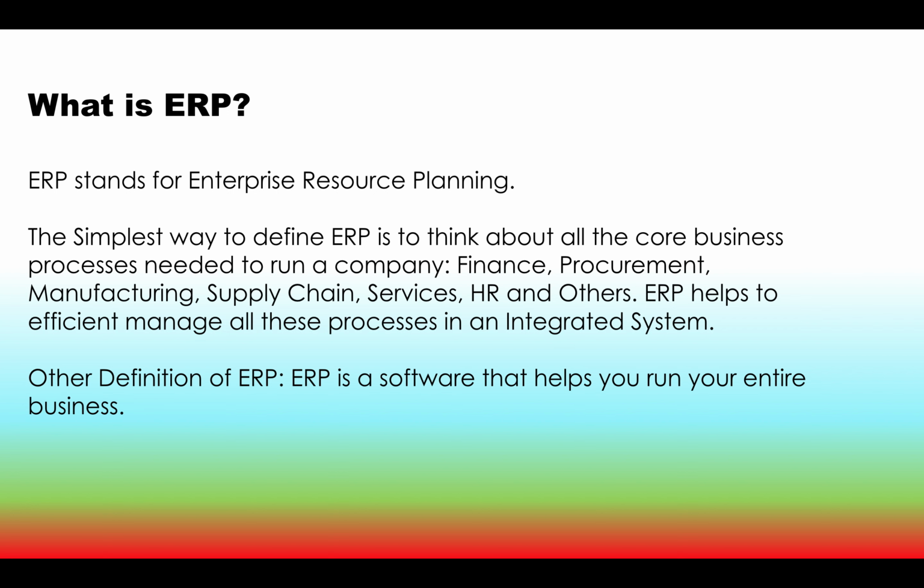In the same way, when we sell the product to customers, customers pay us. So payment is involved in both processes and comes under finance. Finance is also a core process. So finance, sales, and procurement are three core processes in a manufacturing company.